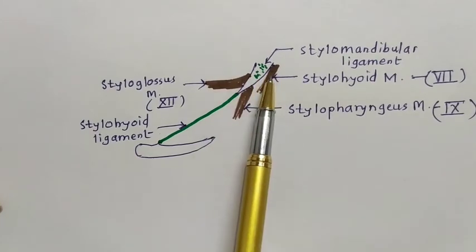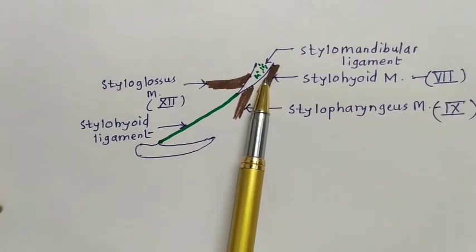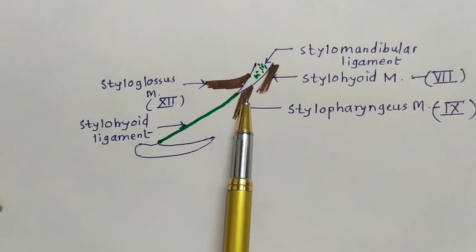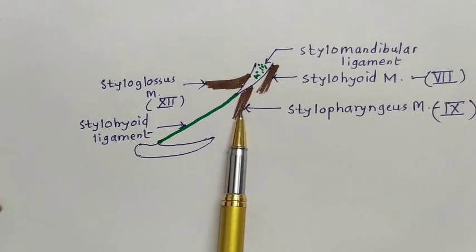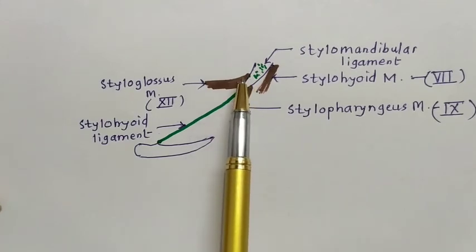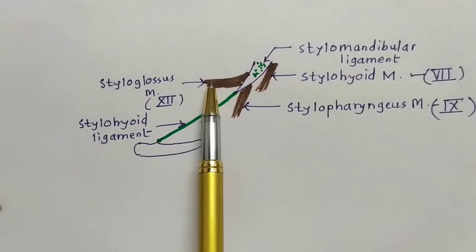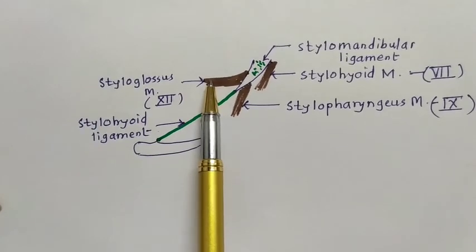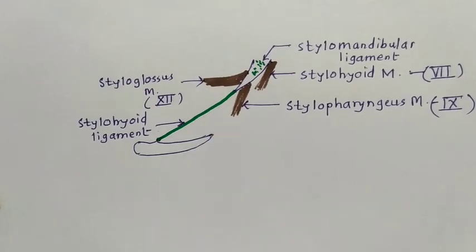From the posterior side, it gives origin to stylohyoid muscle, which is supplied by seventh nerve. From the medial surface, it gives origin to stylopharyngeus muscle, which is supplied by ninth nerve. And from the anterior aspect, it gives origin to styloglossus muscle, which is supplied by 12th nerve.